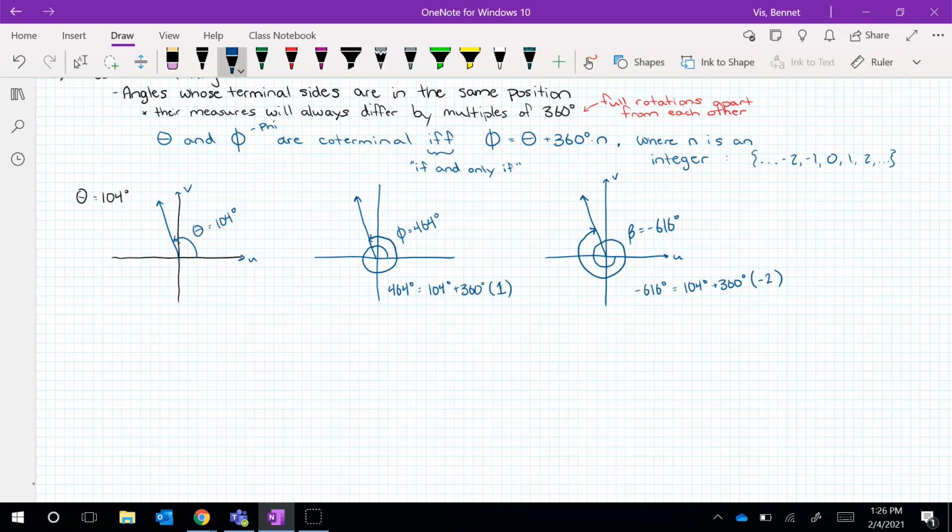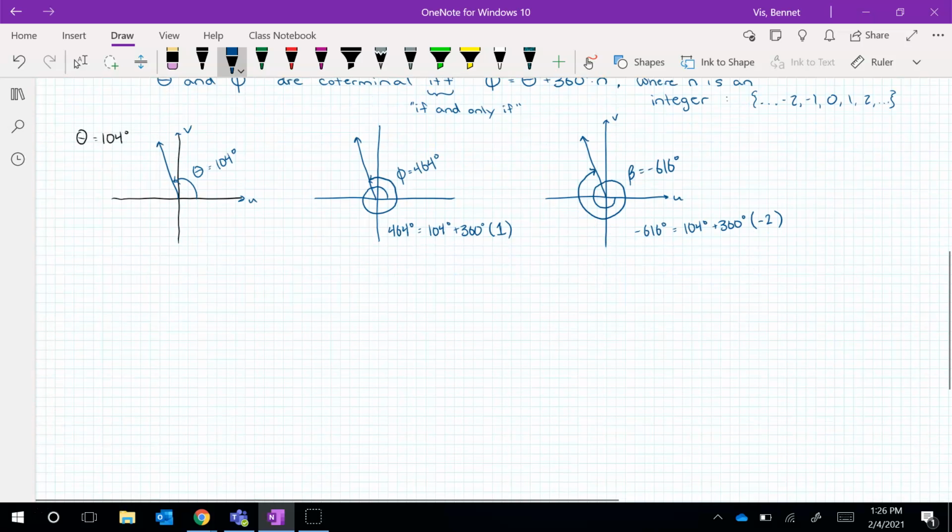That's a hang up for a lot of people later on, especially when we get to chapter 3. So just get used to always writing a plus here. Always, always, always plus a multiple of 360, but the multiple could be negative. In this case, that would be negative 720, and 104 plus negative 720 would be negative 616 degrees.